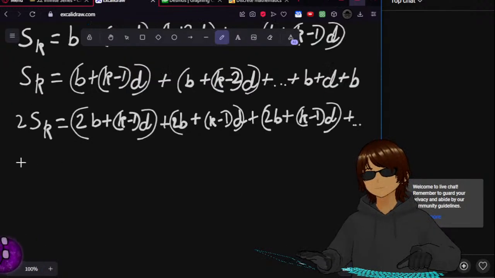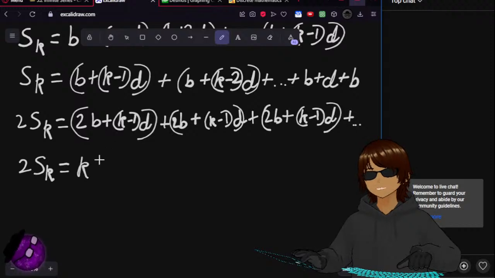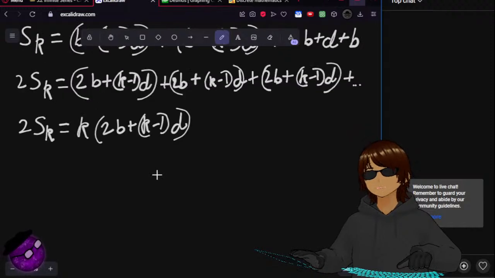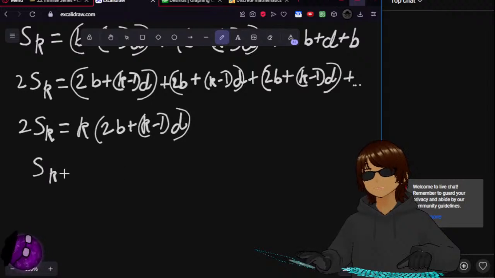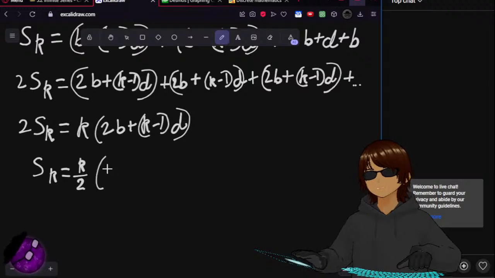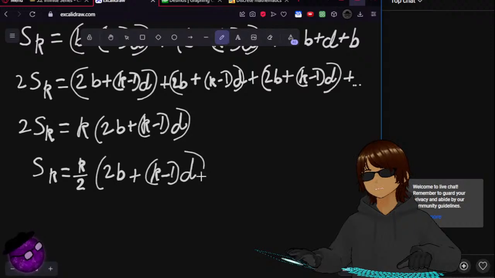So the sum of the partial terms is k over 2 times 2b plus k minus 1 d.